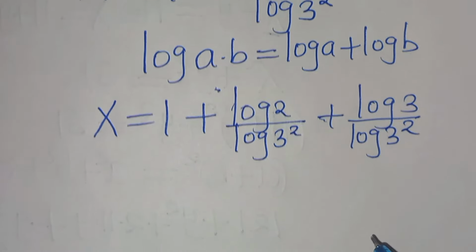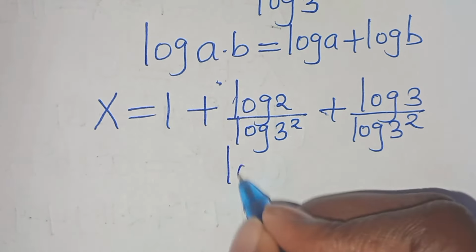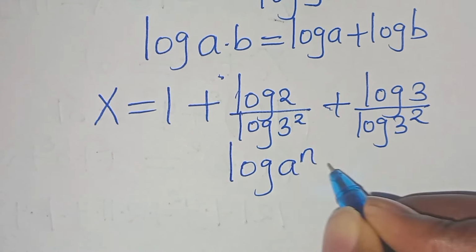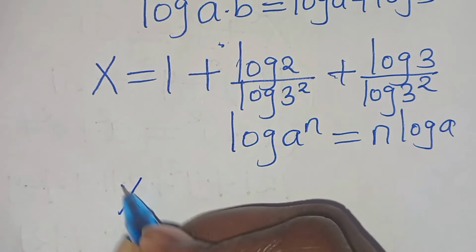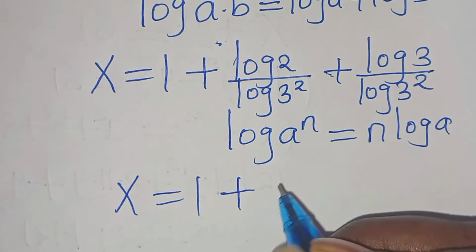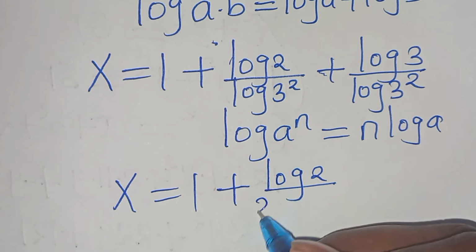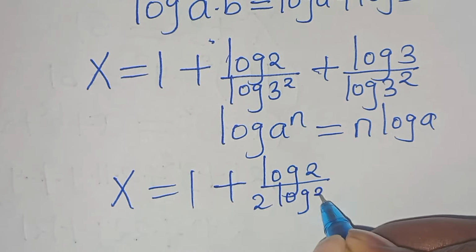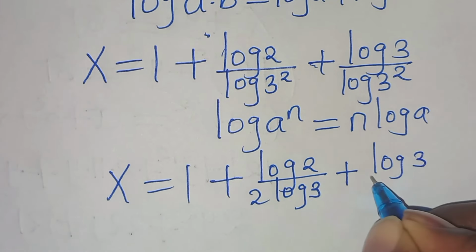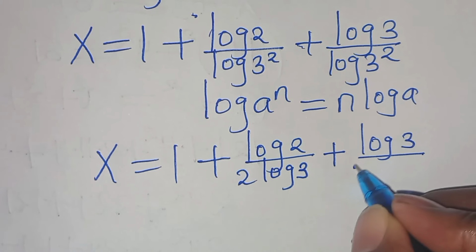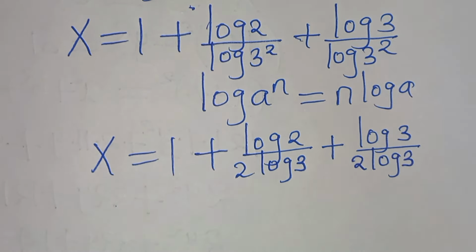Now the next step from here, we can apply the power rule property such that log a to the power of n is the same thing as n log a. So that now x is equal to 1 plus log 2 divided by 2 log 3, plus log 3 divided by 2 log 3. So let's simplify here.